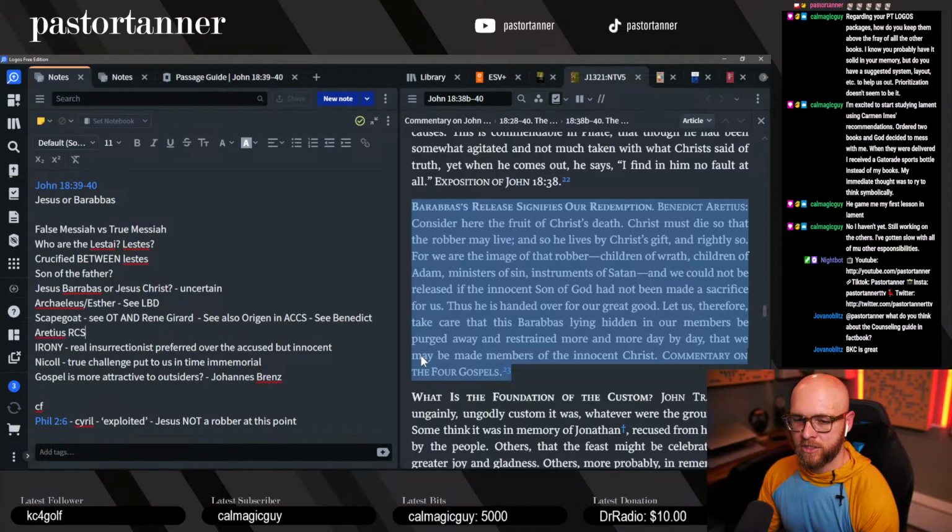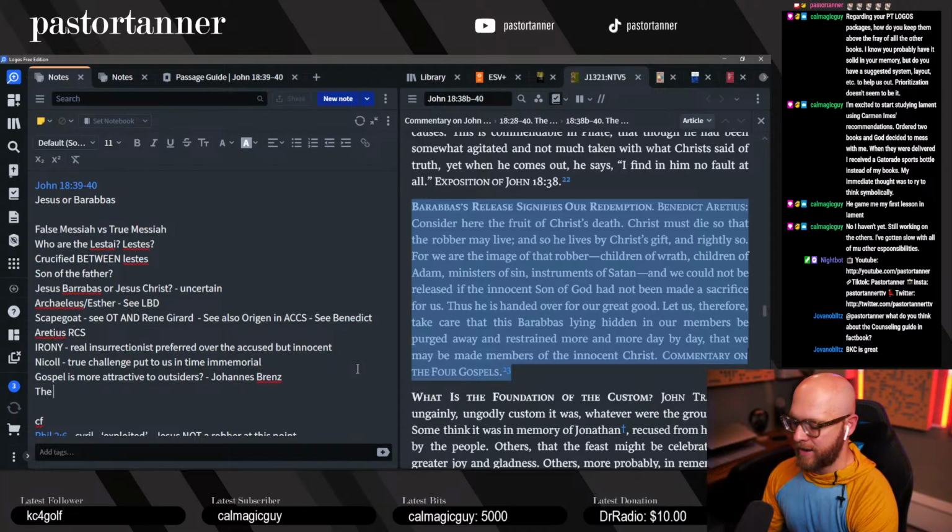But then also, this could go with its own symbolic idea. I'm not quite seeing it here. The Barabbas of our flesh, something like that. Of our own flesh. And then this is also RCS, Benedict Aridius.